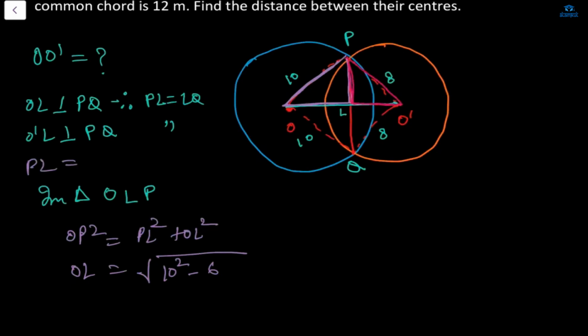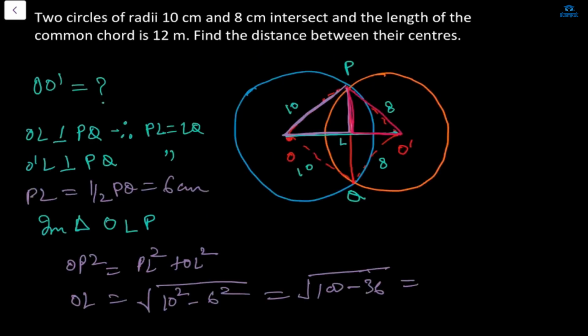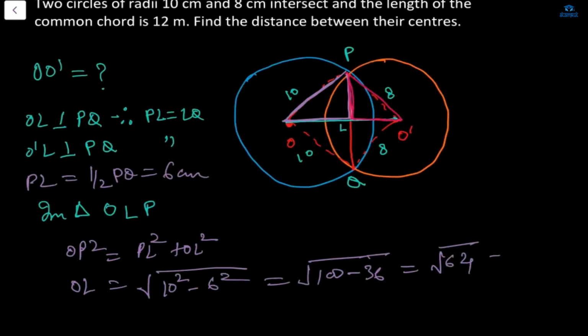PL will be half of PQ, which is 6 centimeter. So OL will be root of 10 square minus 6 square, which is root of 100 minus 36. So it will be equal to 64, which is equal to 8 centimeter.